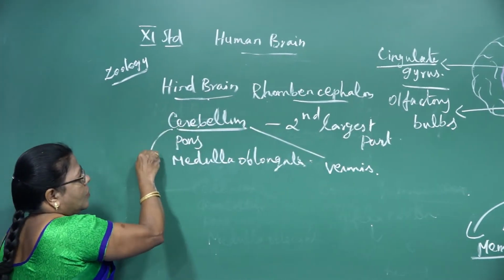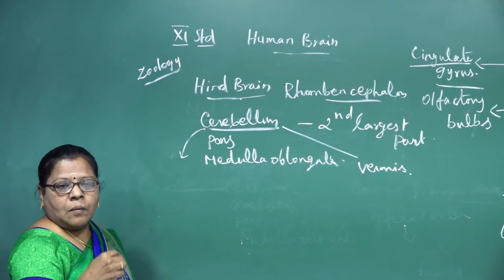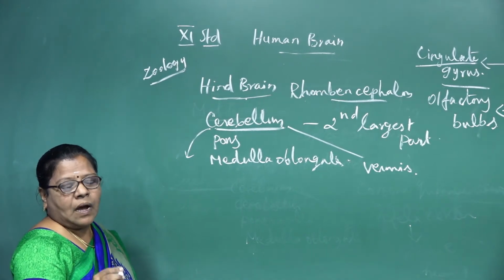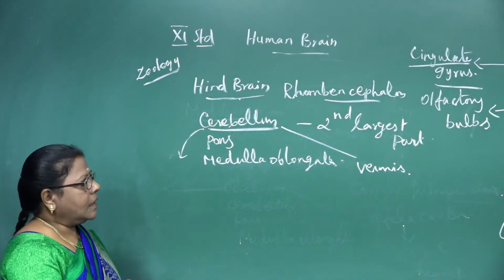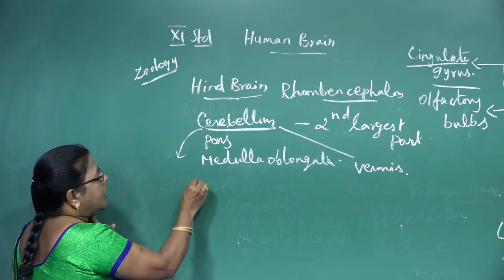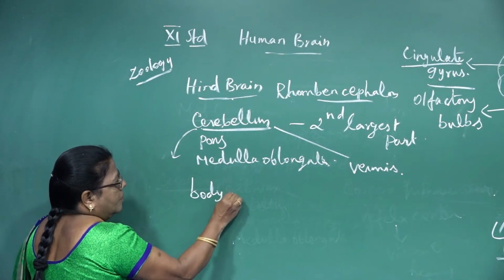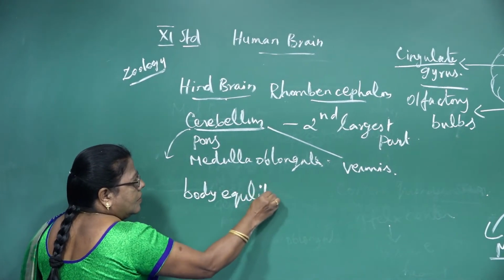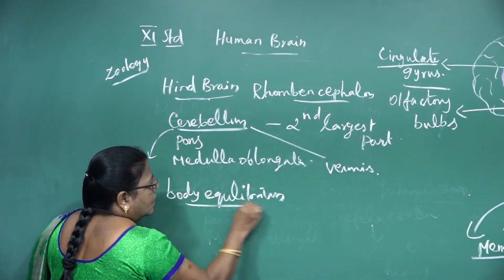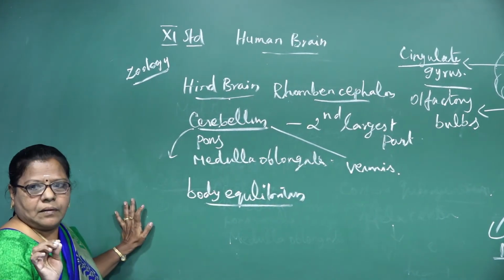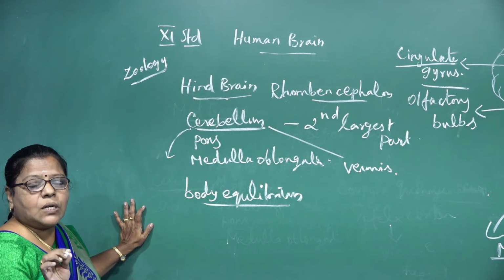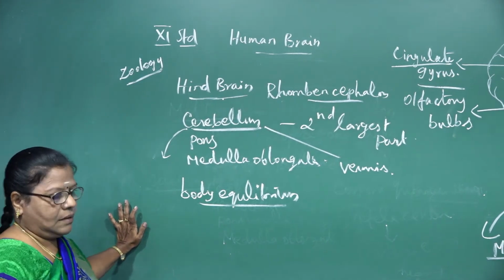This cerebellum coordinates the muscular movements and regulates the body equilibrium. If the cerebellum is affected, it leads to uncoordinated muscular movements.